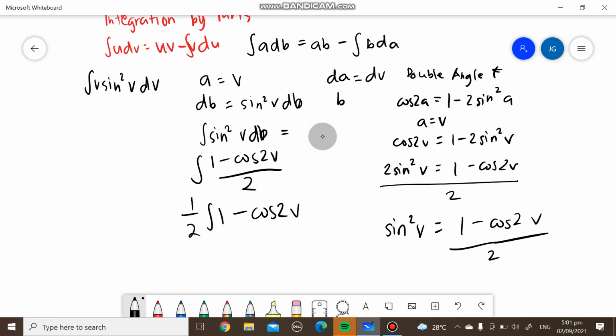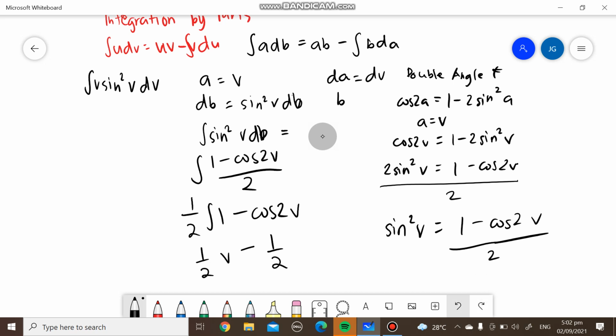So, the integral of 1 is just v. So, we will have 1/2 v minus 1/2, kasi ito yung 1/2 didistribute dito and then dito, kaya may 1/2 din yung isa.